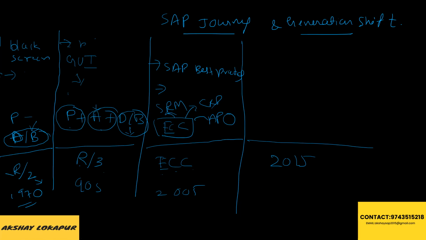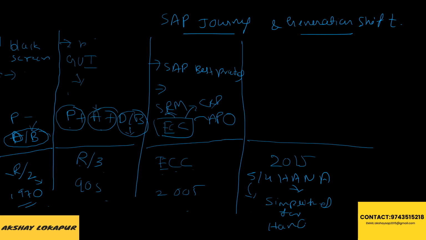In 2015 they came up with SAP S/4HANA. HANA is a database. S/4HANA means you can see generations 1, 2, 3, 4; this is generation 4. S means Simplified for HANA.